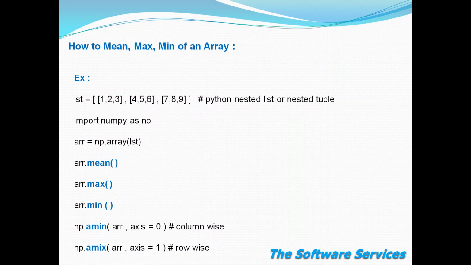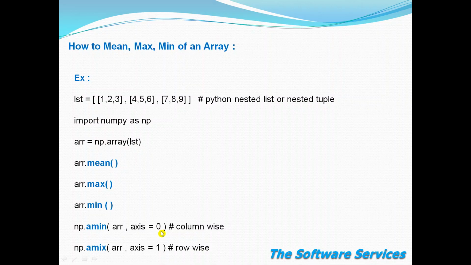And if you want to know in a particular row which element is highest or which element is lowest, row wise, column wise, then we have ready-made methods available, amin and amax. You need to pass an array comma axis. If you want to know the highest or lowest number in a column, then you need to pass the argument axis is equal to 0.